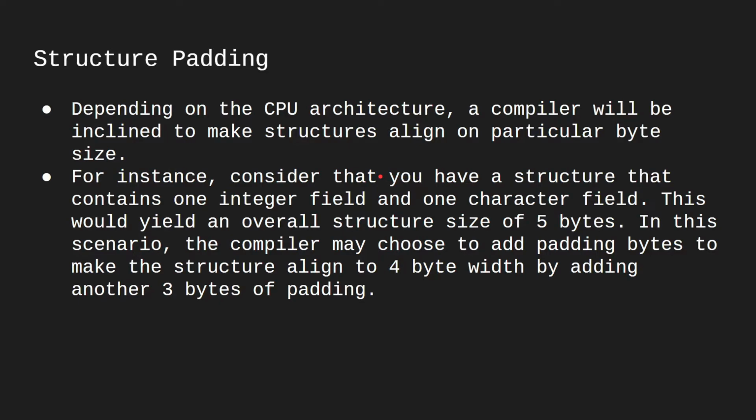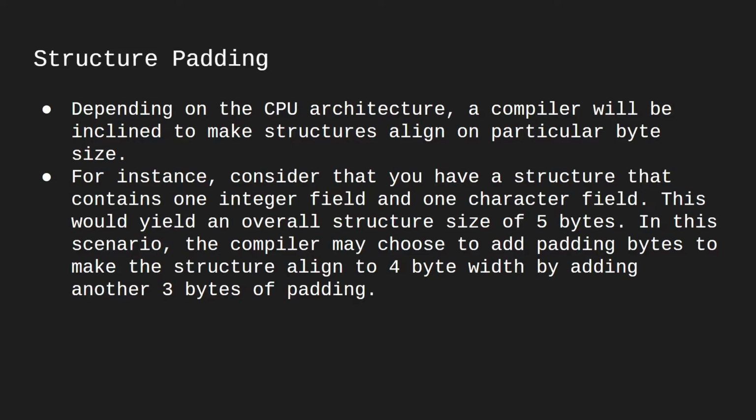For instance, consider that you have a structure that contains one integer field and one character field. Let's assume that an integer is 4 bytes and the character field is another 1 byte. So the overall size of the structure should be 5 bytes. In this scenario, the compiler may choose to add some padding to make sure that the structure aligns to a 4 byte width by adding another 3 bytes of padding.